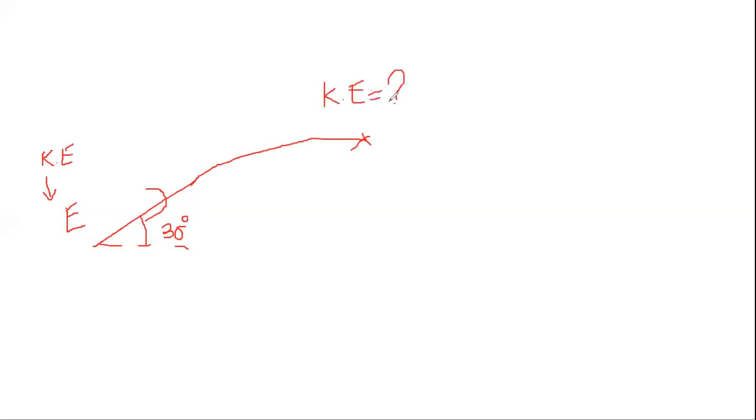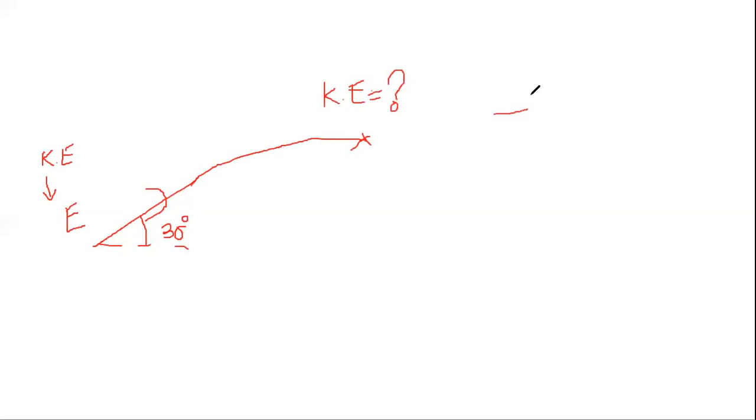An object was launched, and the kinetic energy when it is launched is E. This is the kinetic energy the particle possesses, the KE is E. And it was launched 30 degrees from horizontal. When the object reaches the top, how much kinetic energy does it possess?